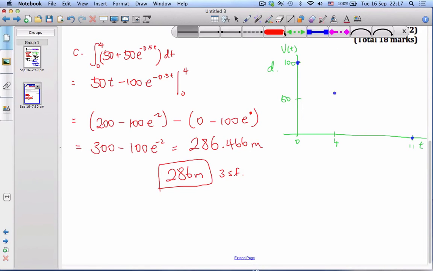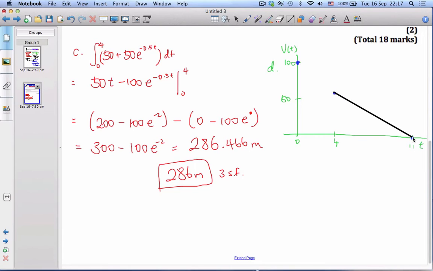So over here you are actually going in a straight line there, and from here to here you would do something like that. Yeah, good enough.